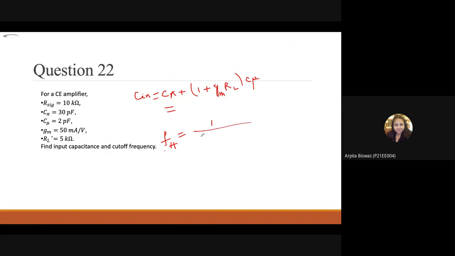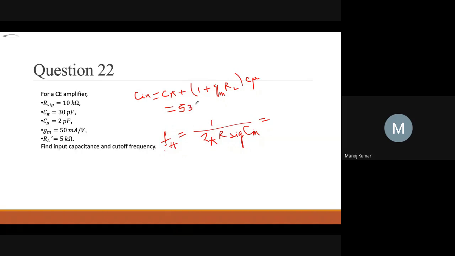What is the value of this FH? 1 by 2 pi into C in. Tell me what is the value? I'm seeing 532 picofarad.